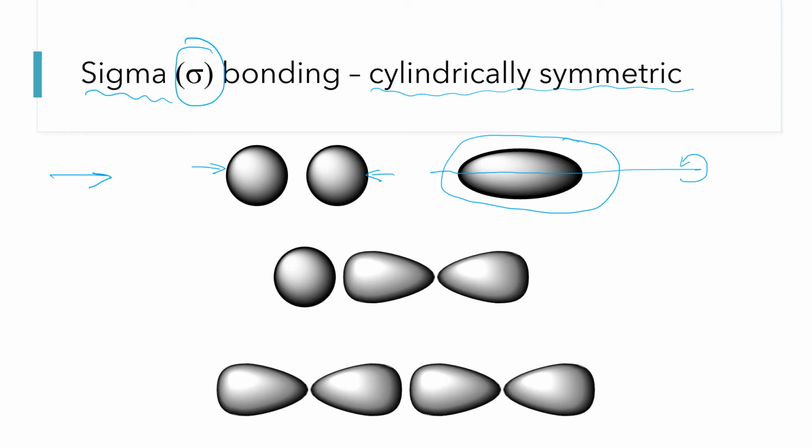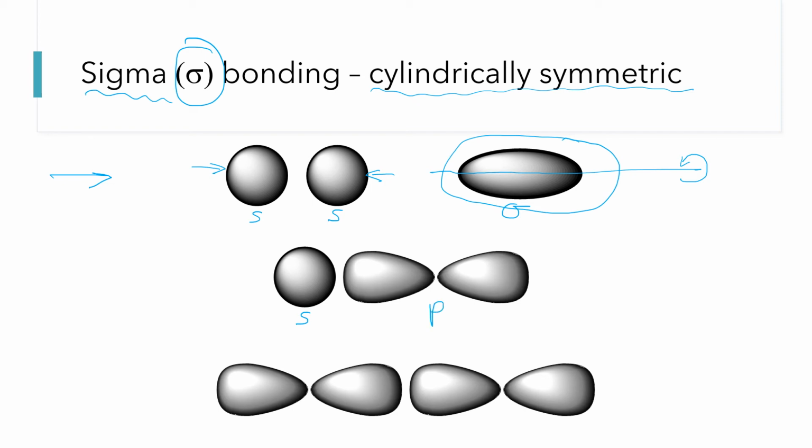One way that sigma bonds can be formed is by the overlap of s orbitals from one atom and the next. I should probably label these orbitals too. It's an s orbital and an s orbital, and this would be our sigma orbital. Another way is that an s orbital can overlap with one end of a p orbital.